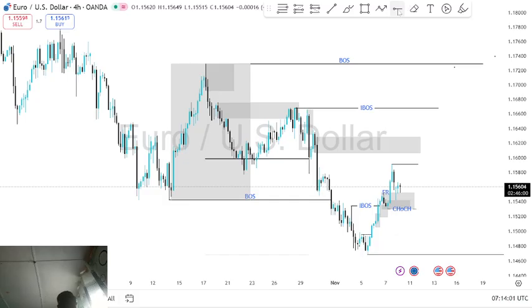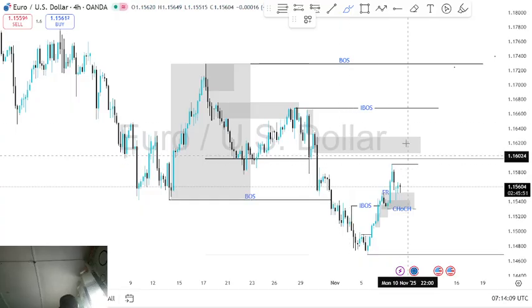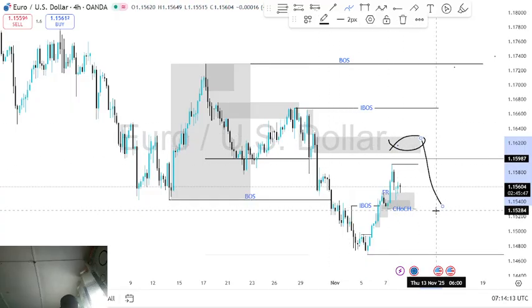Into EQ. Let's see, into EQ, or possibly into premium, for price to be well priced for us to continue the move.